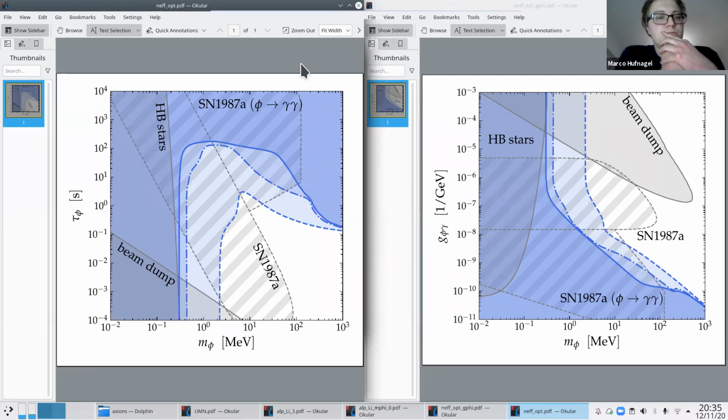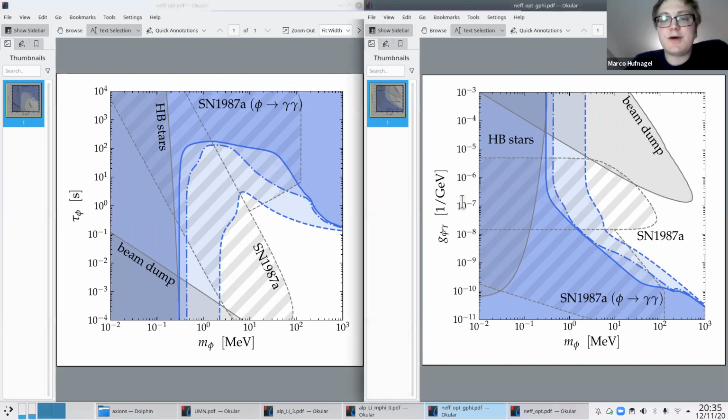But it should be the square root of the lifetime, right? The scale of G phi gamma. You were saying you're squaring something. Okay, might also take the square root. But we can agree that it's smaller than 10 to the minus 11 1 over GeV.